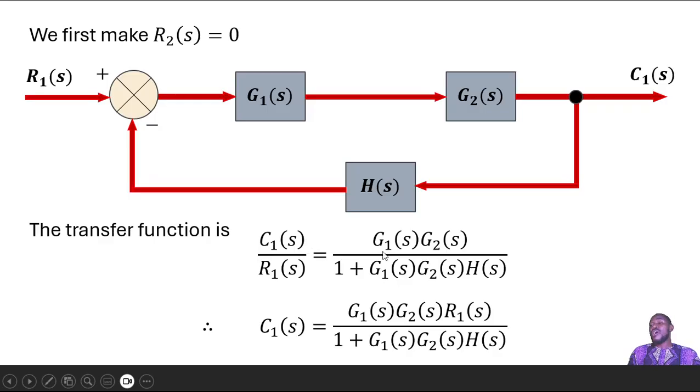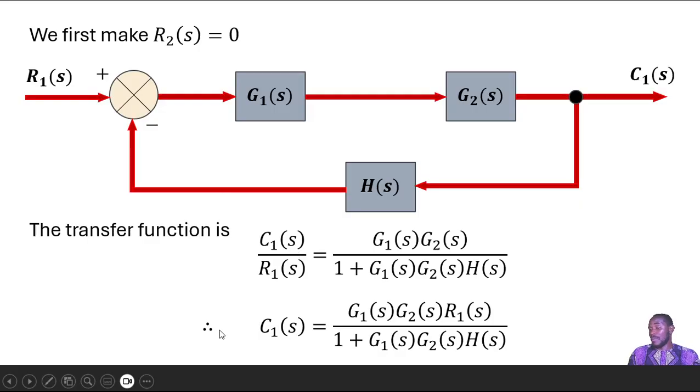Okay, all over one, the sign here depends on this being a negative feedback system, minus, so this would be plus. So 1 plus the forward loop transfer function, which is the product of G1 of S and G2 of S, and the feedback transfer function, H of S. So this here is now our transfer function.